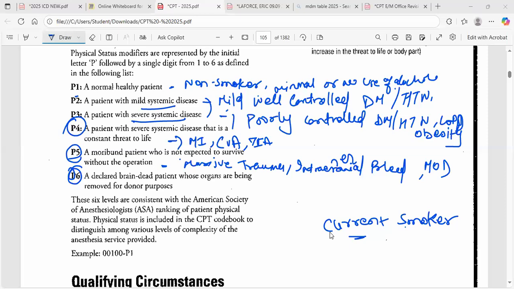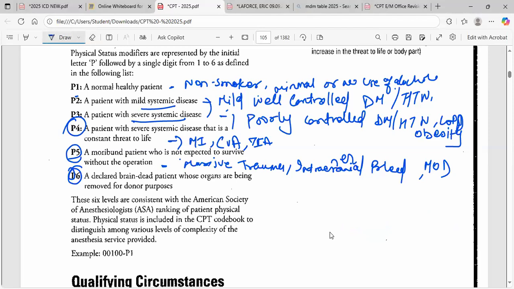Let's do another example. Let's say patient has active hepatitis. What will be the modifier? P3 or P4? For active hepatitis, tell me the modifier.